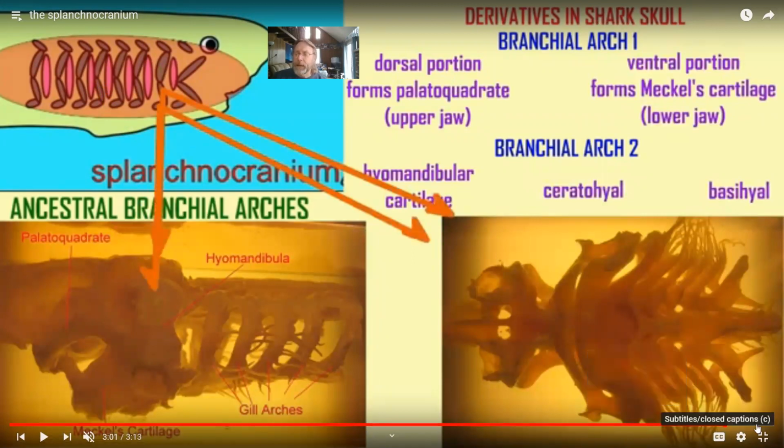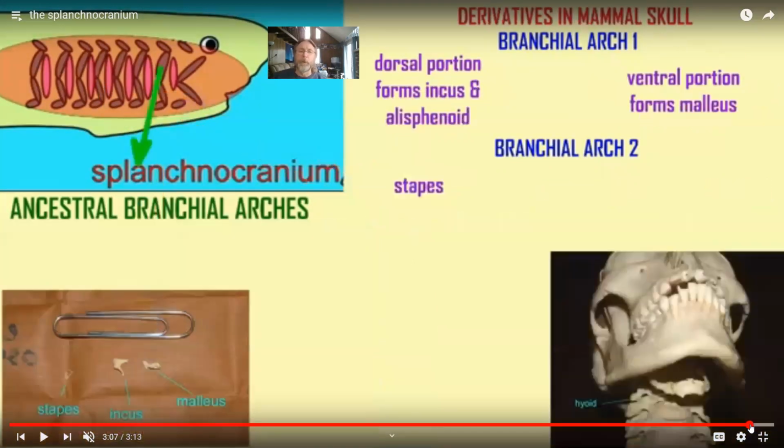So the splanchnocranium is the first part of the vertebrate skull to form. And it's important, the gill supports, very important in fish, which rely on gills to breathe. The modified gill arches become jaws, which revolutionizes the place that vertebrates have in food chains.